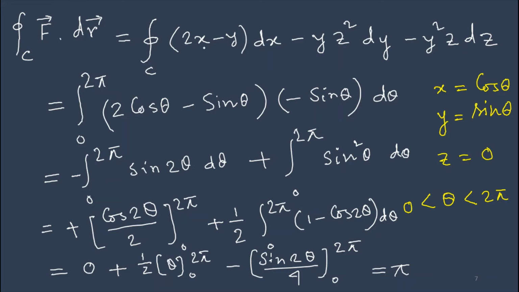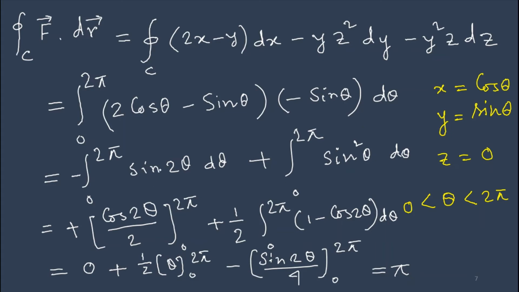Now let us substitute x as cos theta, y as sin theta and dx as minus sin theta d theta. The second term is 0 because z is 0. The third term is also 0 because z is there. Now 2 cos theta times sin theta is sin 2 theta, and the other term gives sin square theta.